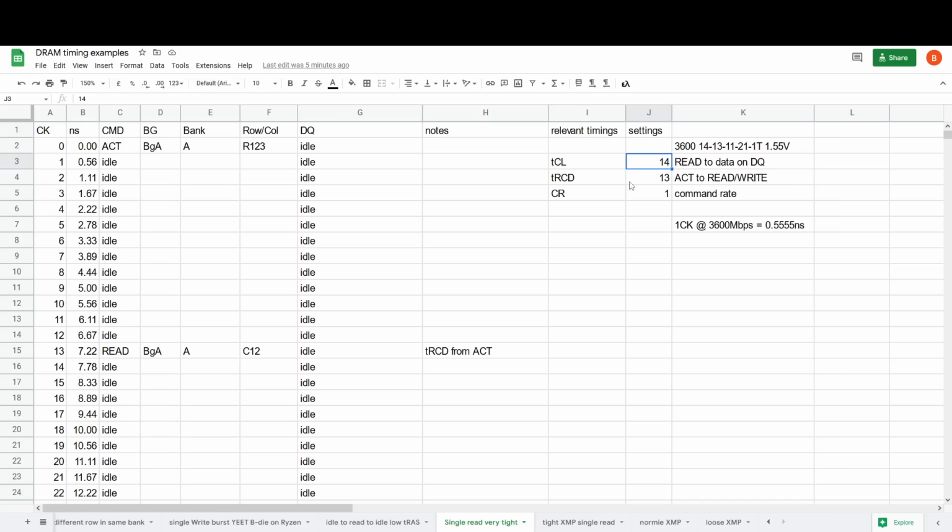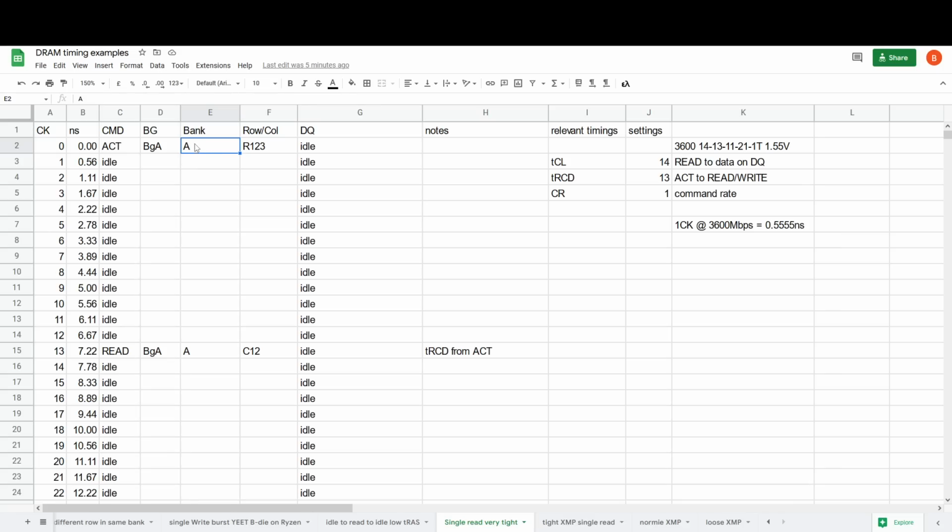So the way this works is we need to start by activating a row in the memory, because we're starting with the memory completely idle for this read operation. And so we send an activate command, and we say we want to activate row 123. Incidentally, there are thousands of rows in a bank.